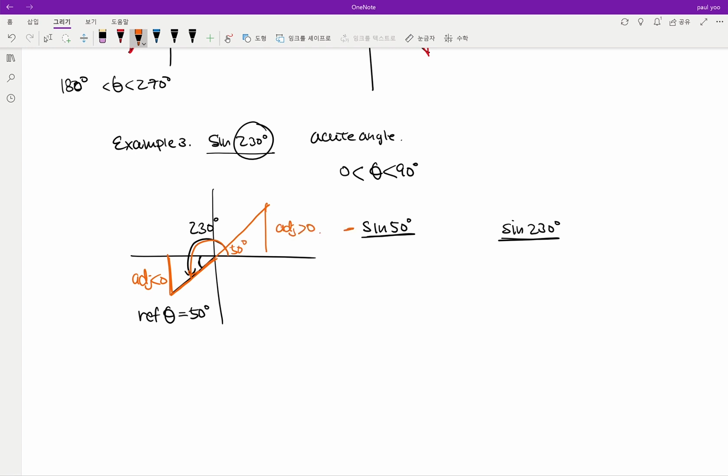So you have to label it with a negative sign, then they are equal. So sine of 230 degrees can be written as negative sine of 50 degrees, and this 50 is an acute angle. So this is a trick that you should draw to figure out, and all problems from 18 through 25 can be solved in this way.